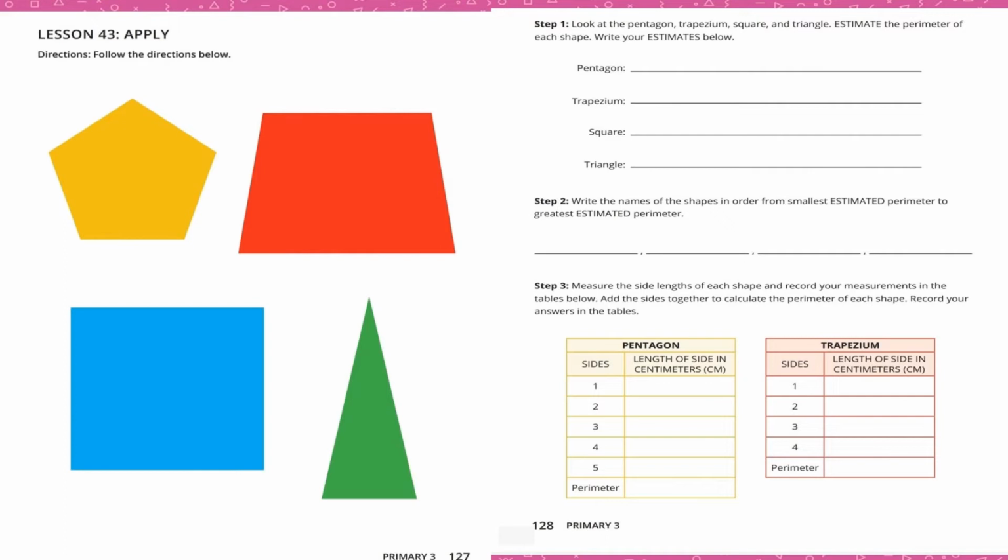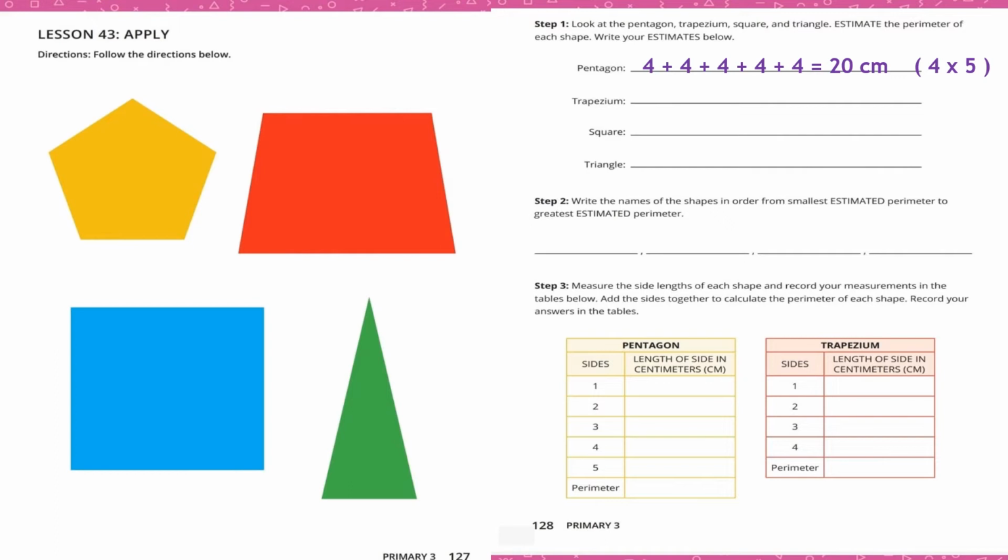The first shape is pentagon. We can look at its sides and we will suggest, or we will guess. Its side length is what? We said that its side length may be 4.